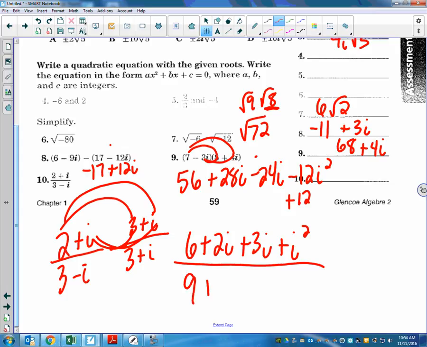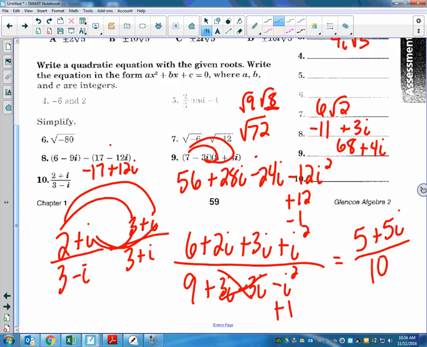So I would get 9 plus 3i minus 3i minus i squared. This is just minus 1, so I would get 5 plus 5i. And on the bottom, minus a negative 1 becomes plus 1. So I get 5 plus 5i over 10.